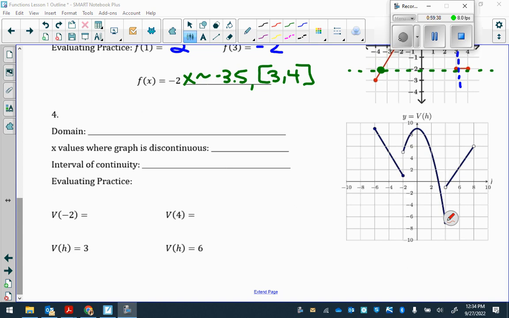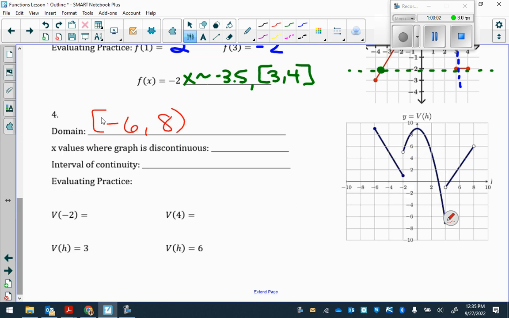All right, what would the domain be? Remember, the whole thing. Look at the whole thing. Jason. Okay, what would I have around it? Around both? Okay. Look at 8. Good. Negative 6, 8.